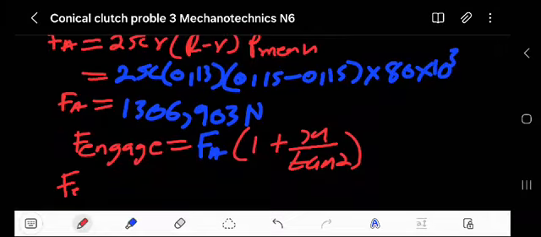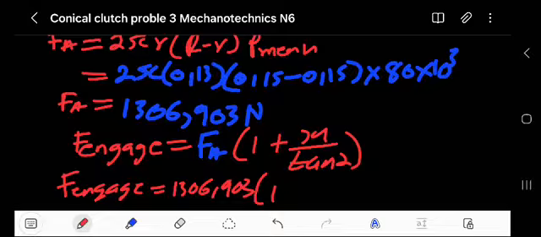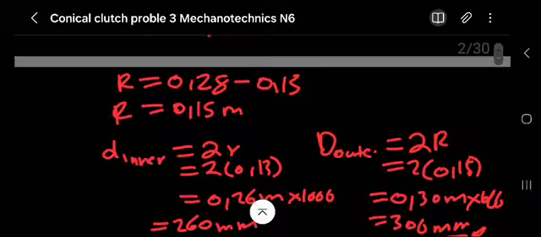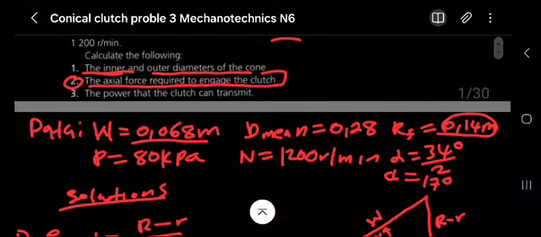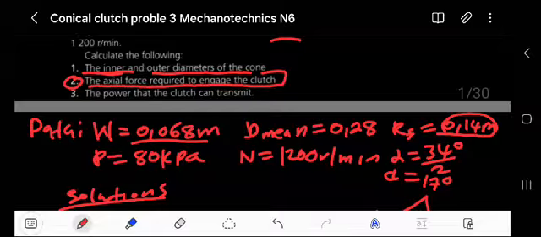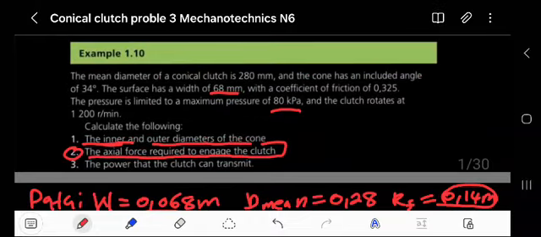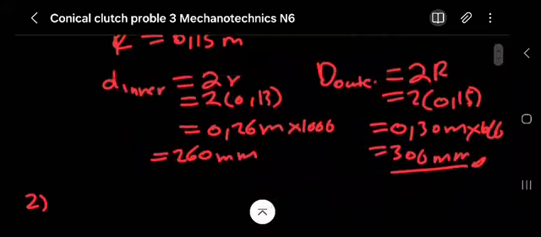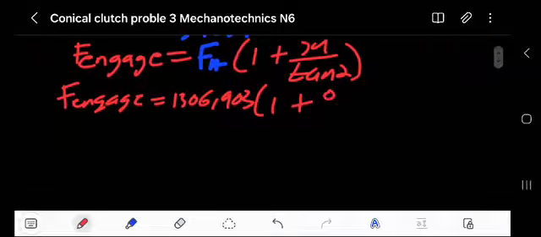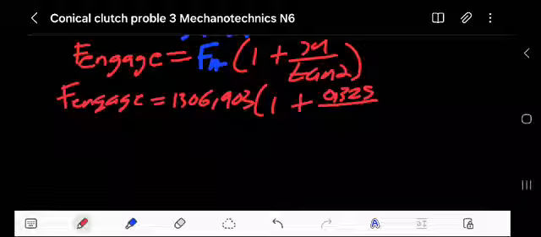So F engage. Now we substitute 1306.903 into 1 plus the coefficient of friction. What was the coefficient? Where is the coefficient? We don't have the coefficient here. I did not write it. Oh, here it is, 0.325. 0.325 divided by, and this angle was 17.